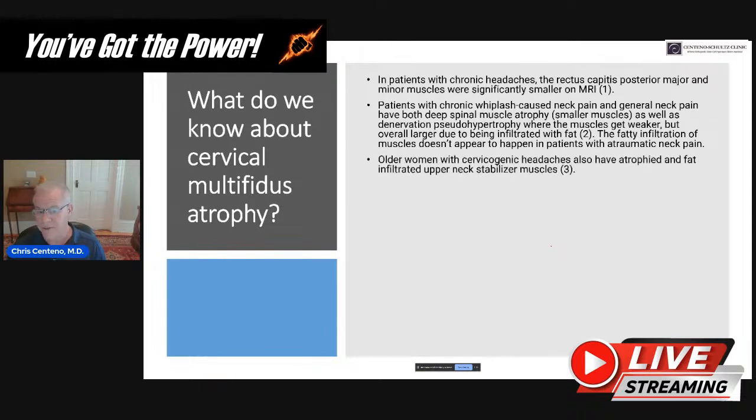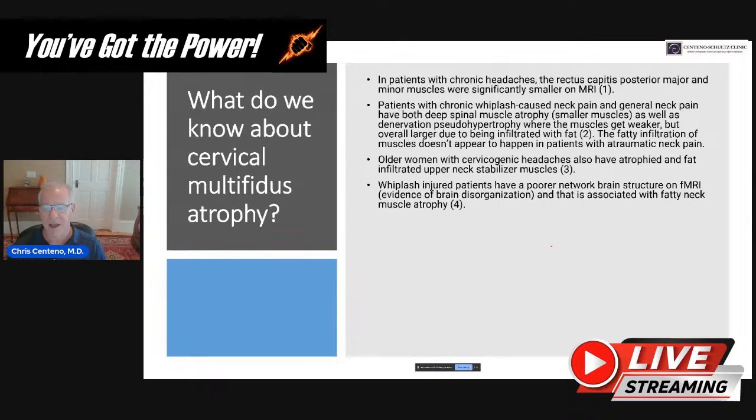Older women with cervicogenic headaches also have atrophied and fat-infiltrated neck stabilizer muscles. What's interesting is that whiplash-injured patients, Jim's been able to actually do functional MRI on the brain, and he sees brain disorganization through looking at some of the networks in the brain, and that's associated with fatty neck muscle atrophy.